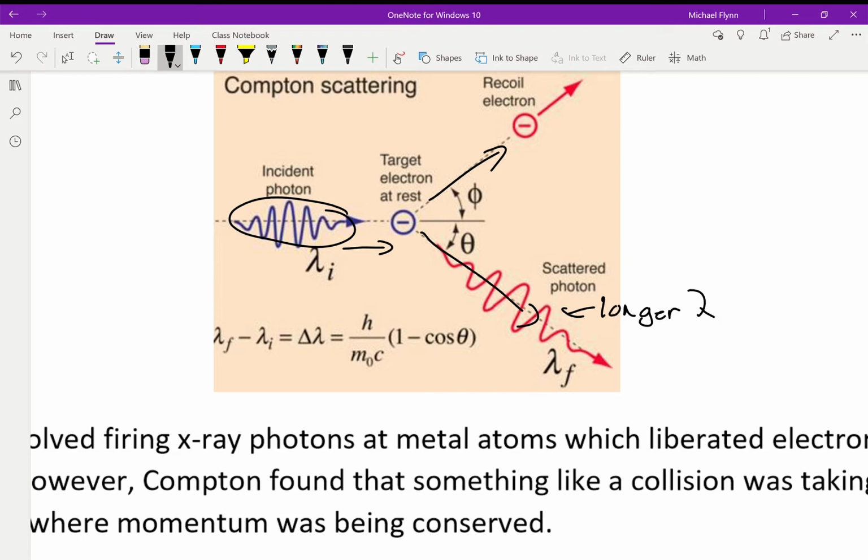Now here's the deal. The wave theory predicts that at low intensities you could never get a change in the wavelength of light. Let's put it another way, okay? Let's say you had water waves that are hitting obstacles in the water, okay, boats and stuff like that.